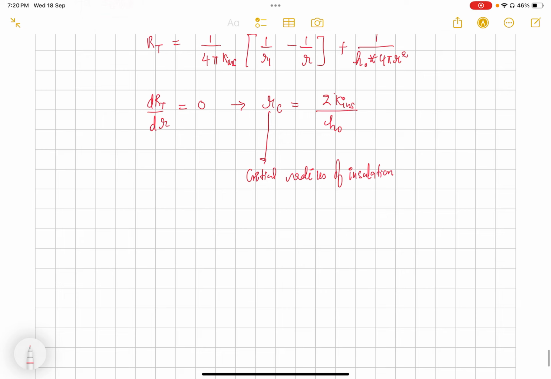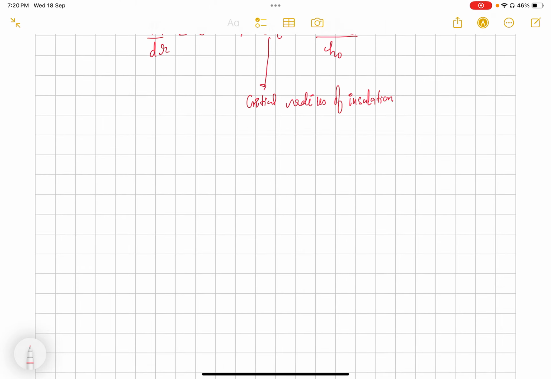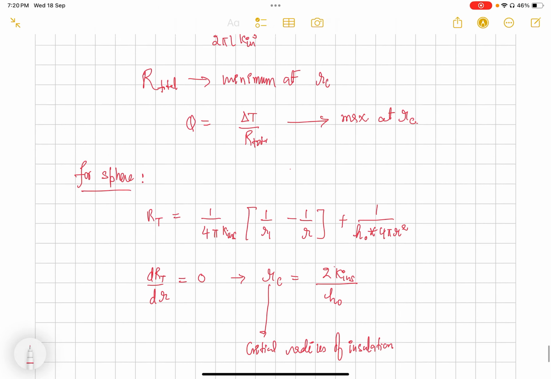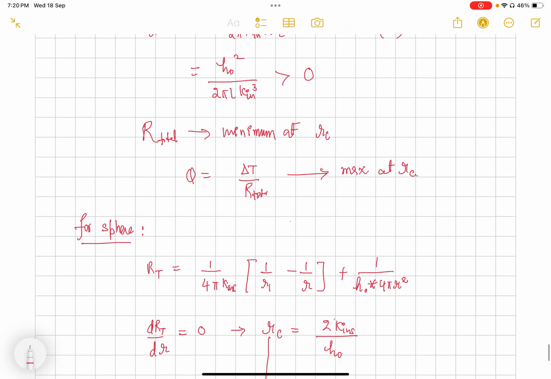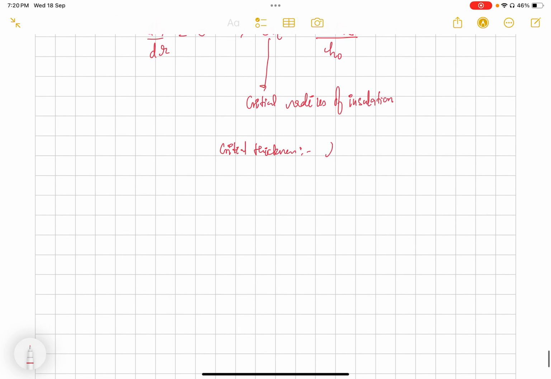If you want to find the critical thickness, how will you find it? Critical thickness will be R minus R1, where R is RC, so RC minus R1.